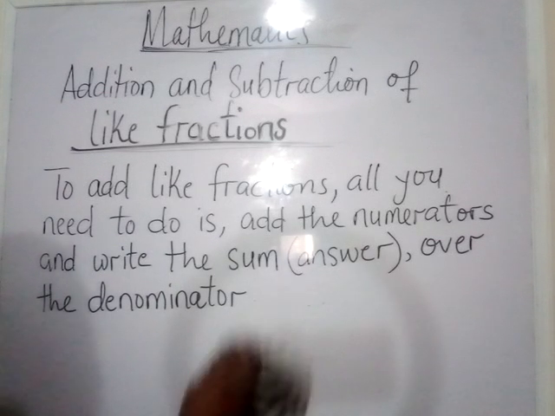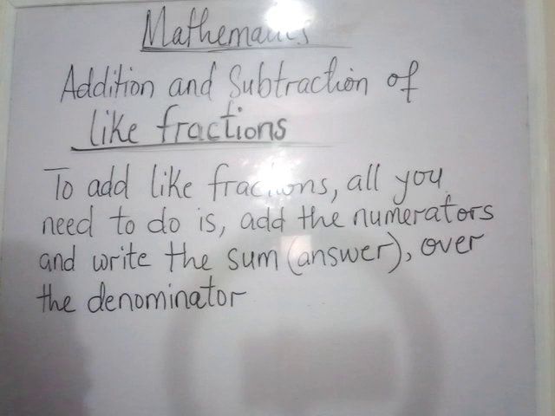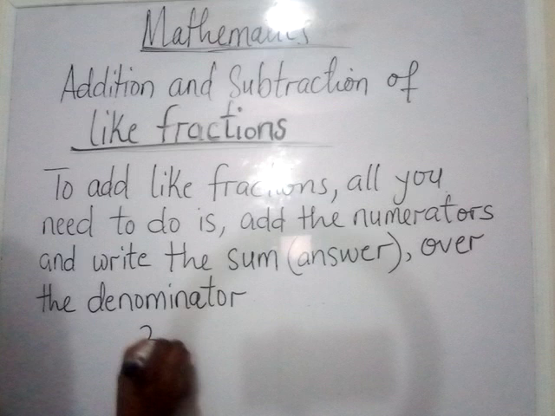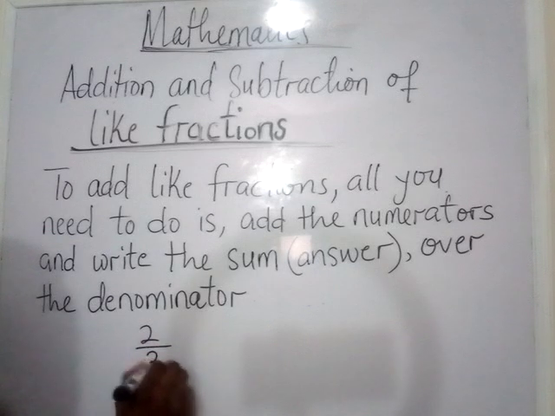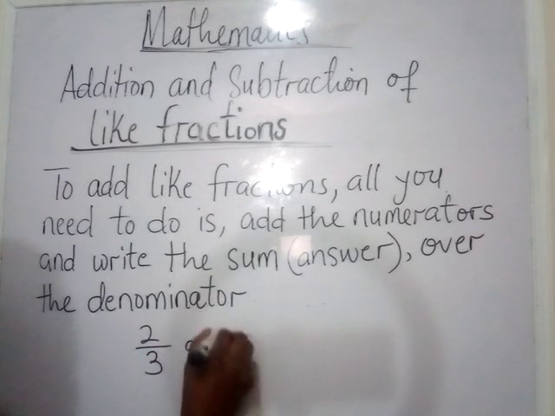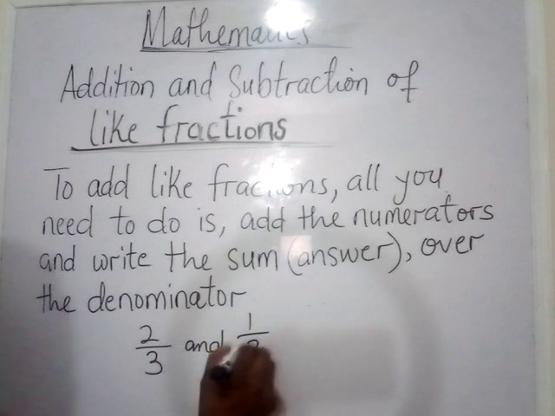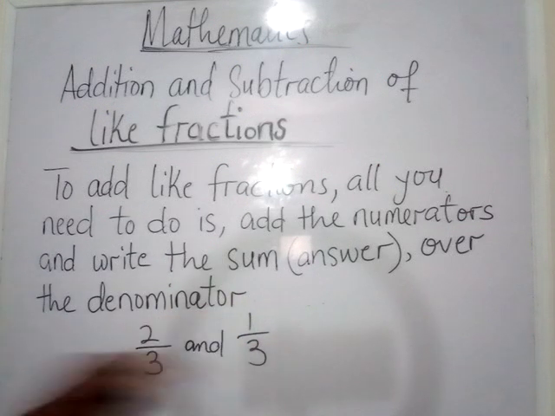And we said the like fractions are those fractions that have the same denominators. I'll give an example. You have something like 2 over 3 and 1 over 3. This is 2/3 and this is 1/3.